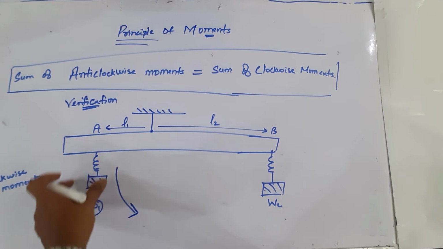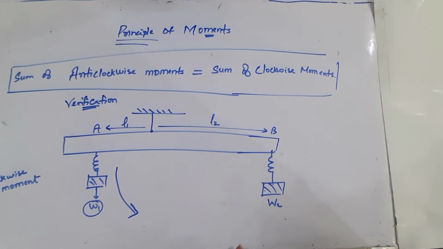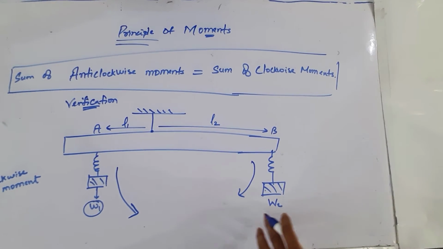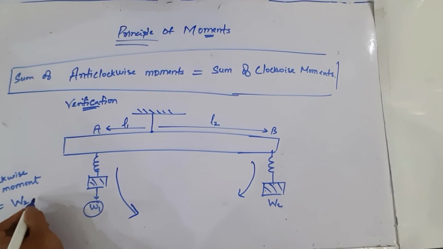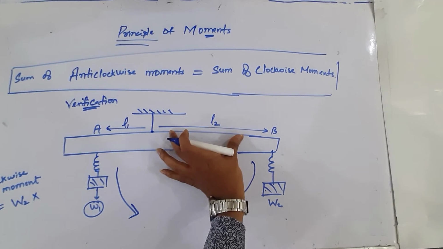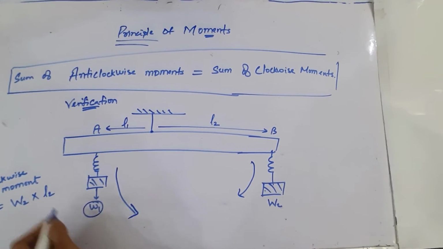Here W1 weight is creating an anti-clockwise moment, whereas W2 weight is creating a clockwise moment. So the clockwise moment created by weight W2 is equal to the force, here the weight, represented by W2, multiplied by the perpendicular distance from the pivoted point, that is L2.